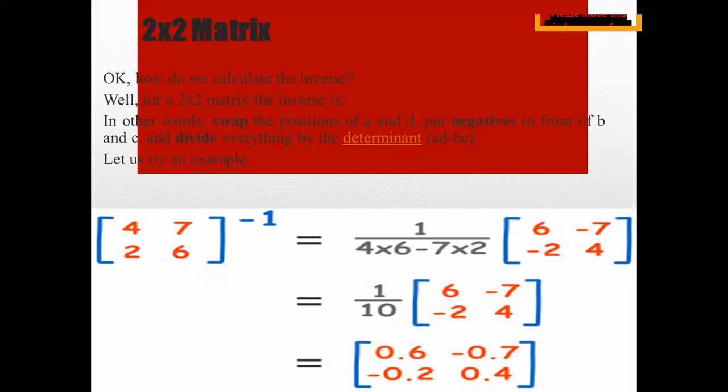So we need to swap the positions of A and D. Okay, then put the negatives in front of B and C. Okay, so put the negatives in front of B and C, and then divide everything by the determinant. So the determinant is nothing but AD minus BC.